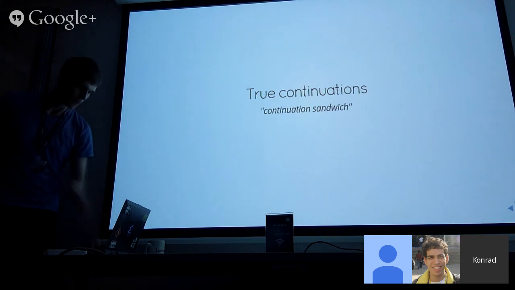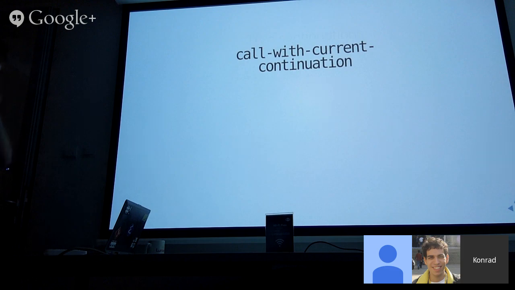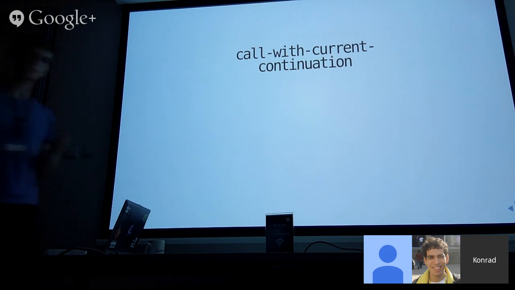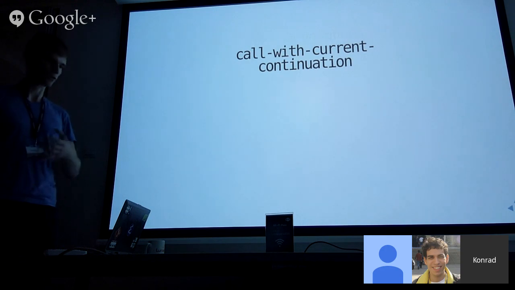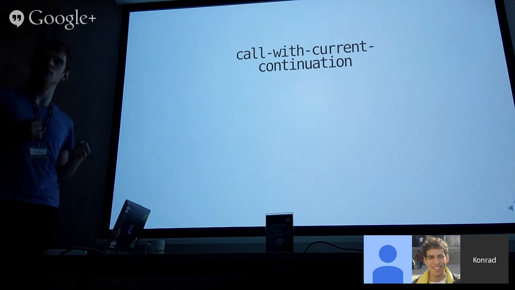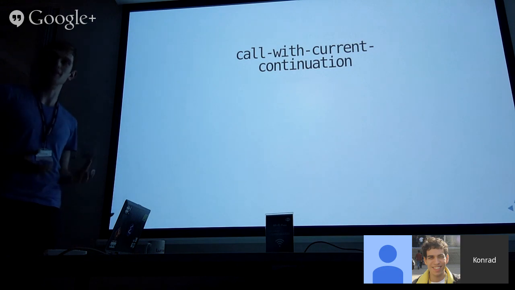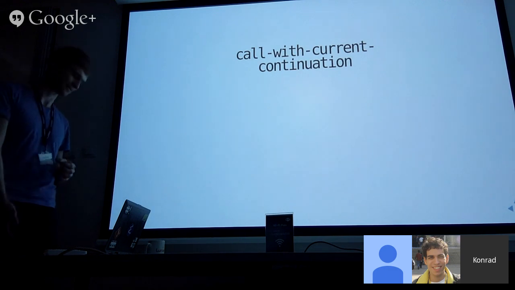So in Scheme, there was this call with current continuation, also called call/cc construct, which basically allowed first-class continuations to be executed with the saved state. And this is the part where I was wondering if I am talking so that you understand me.